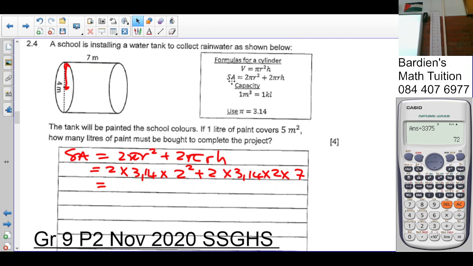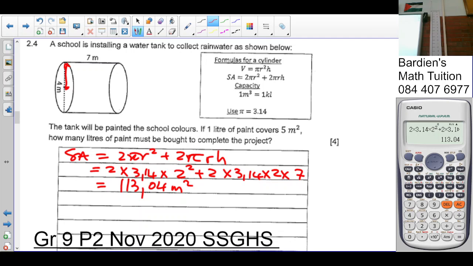Put that in the calculator. It's 2 times 3.14 times 2 squared plus 2 times 3.14 times 2 times 7. The answer is 113.04 meters squared.